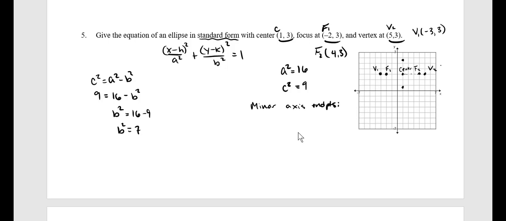The minor axis endpoints should be the center point, 1, 3, but to that y coordinate we add and subtract root 7, how far we go from the center to our minor axis endpoints. So we'll do minus root 7 for one of them, and plus root 7 for the other.